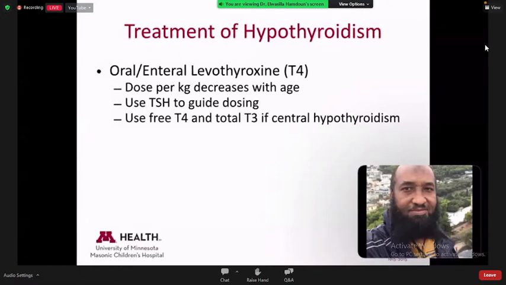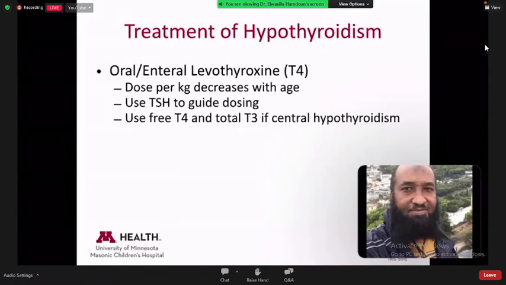And remember, when we say primary hypothyroidism, it means the gland itself is not working for whatever the reason is. Primary thyroid disorder, primary hypothyroidism. TSH is almost always high if you have an intact pituitary gland.